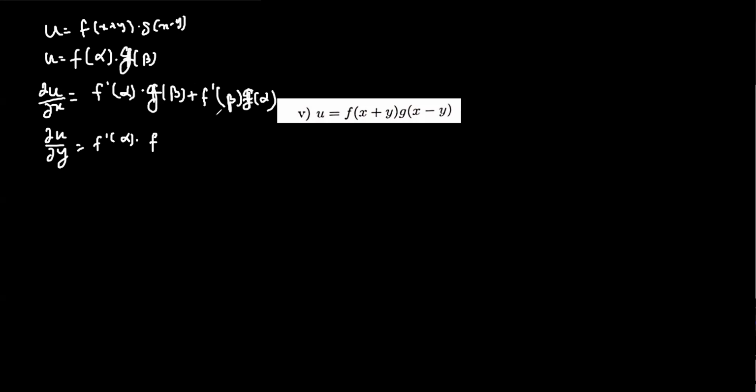Okay. Now see. When you find, you will get f dash alpha, g of beta minus g dash beta, f of alpha, right? Okay. Again, differentiate this with respect to x.